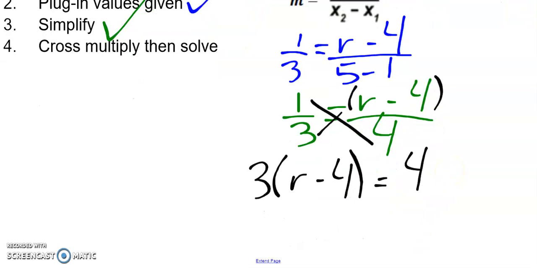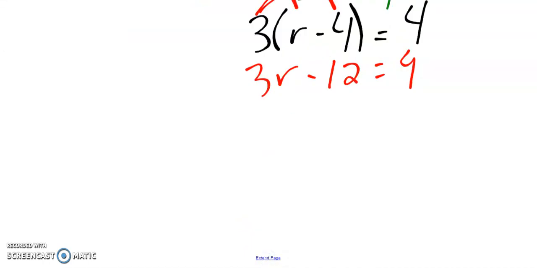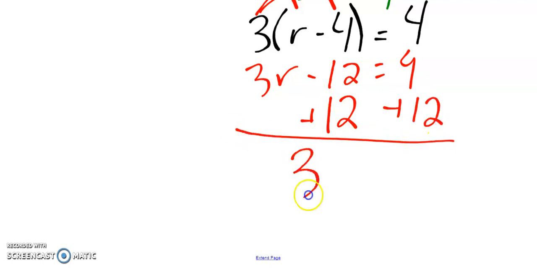Well, I know how to solve this. Distribute: 3r minus 12 equals 4. Now I have a two-step equation to solve. Plus 12 on both sides. 3r equals 16.